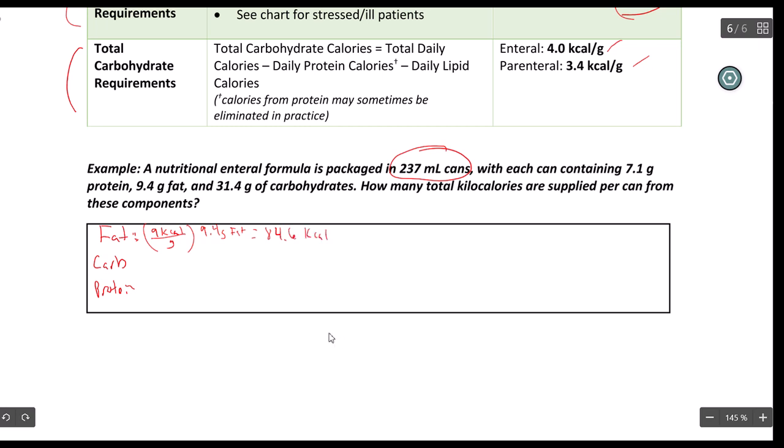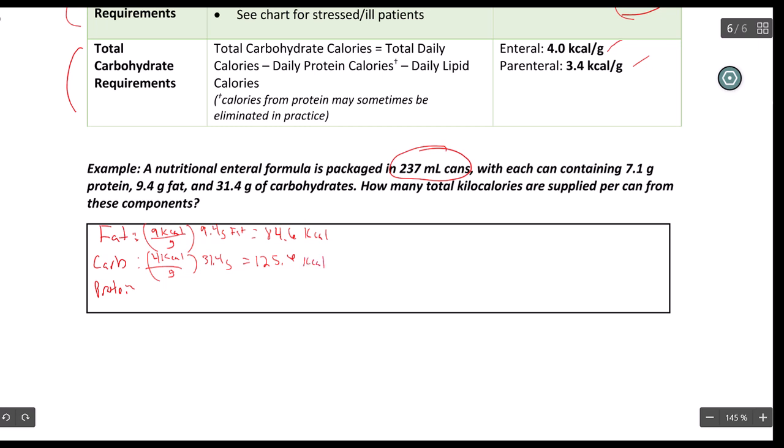The amount that comes from carbohydrates, now this is carbohydrates, but it is, as we see here, enteral. So it's 4 kilocalories per gram. And we are giving the person in that can 31.4 grams of carbohydrates. That's going to equal about 125.6 kilocalories from carbohydrates.